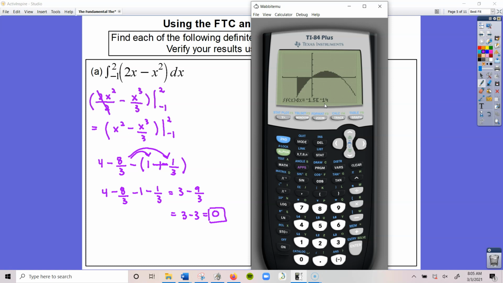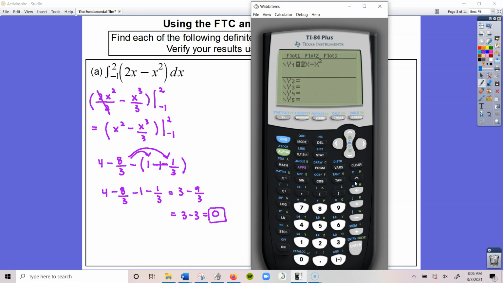If it was a positive exponent, like if it was e positive 14, then you would move the decimal to the right 14 times. Now, since we're moving this decimal to the left 14 times, that's -0.00000, etc. 15, which essentially is 0. So that's why we got this answer of 0.